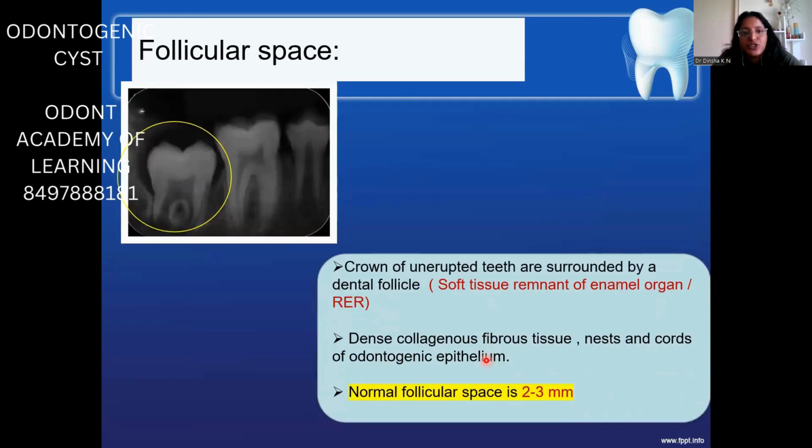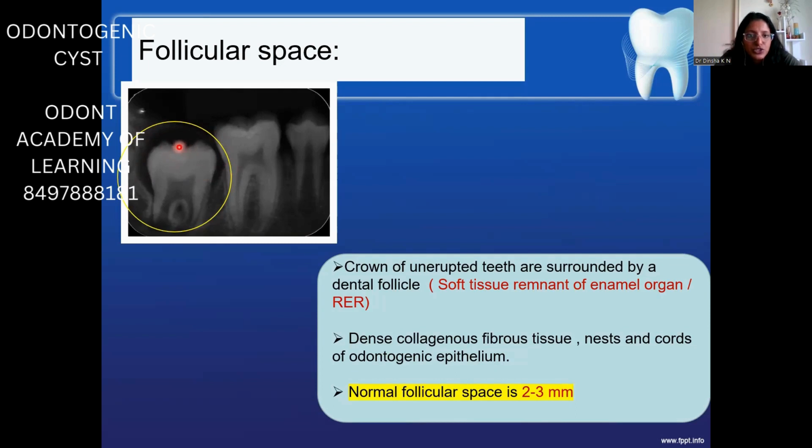Then a little bit about the follicular space. The follicular space is a space seen around the crown of an unerupted tooth. This crown is surrounded by structures or cells known as the dental follicle. The dental follicle is nothing but a soft tissue remnant of our enamel organ, or the reduced enamel epithelium.